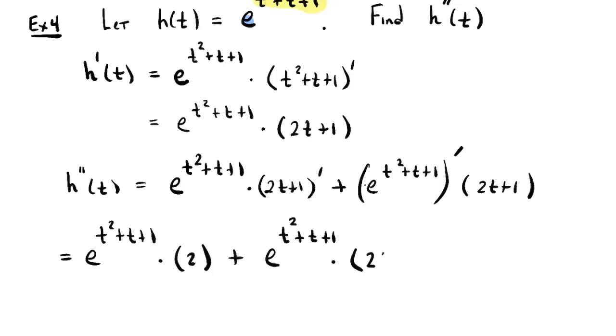This time I'm just going to do it on the fly. 2t + 1, that's from our chain rule. And then I've got this other factor of 2t + 1 that was going along for the ride. So you guys with me? This 2t + 1, the one I'm underlining, came about from the second application of the chain rule. The other one was just the undifferentiated factor.